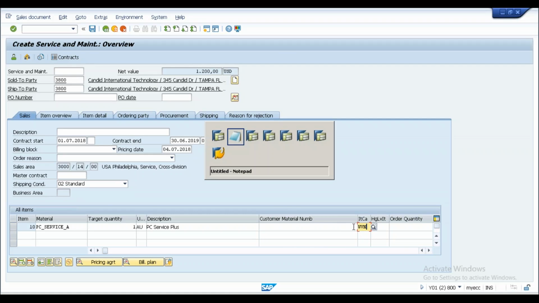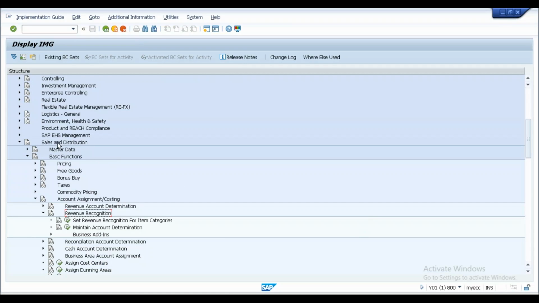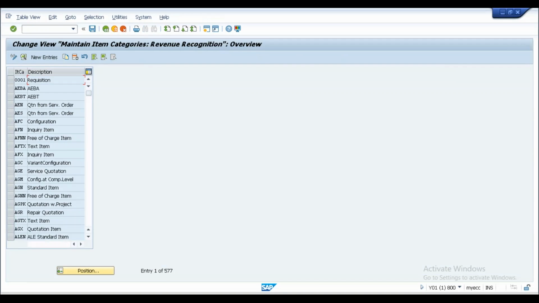So that is the reason for the configuration which I'm showing you now, the same configuration steps as I told you, sales distribution, basic functions and all. So here the first configuration itself is set the revenue recognition for item categories. Okay, so you are telling the system how it should behave based on different item categories that you have here.